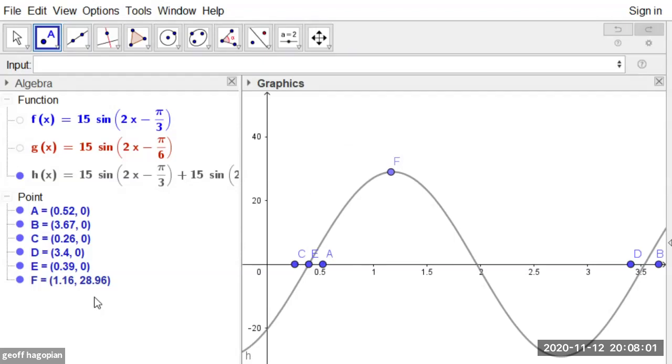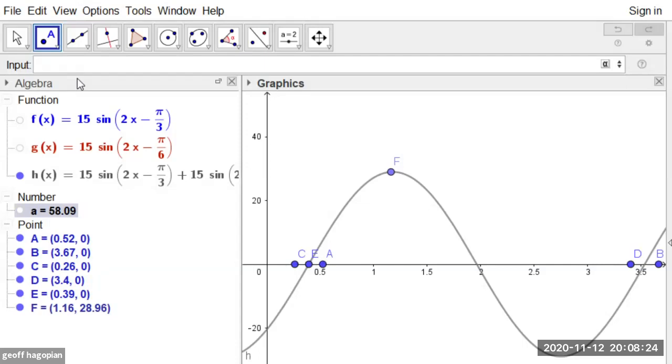I think it's going to be square root of 2 times 15. What is that? Oh, that's twice what I want.